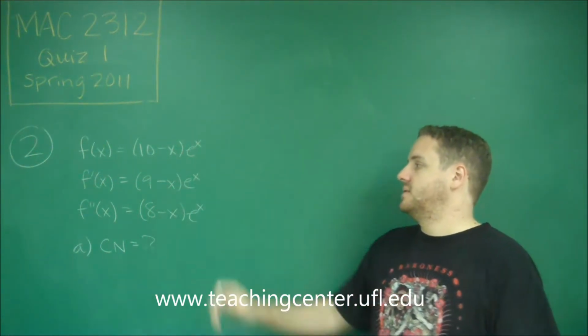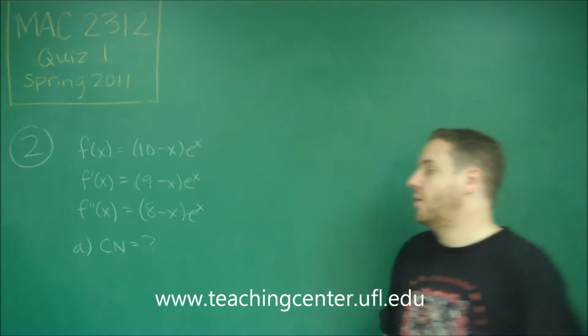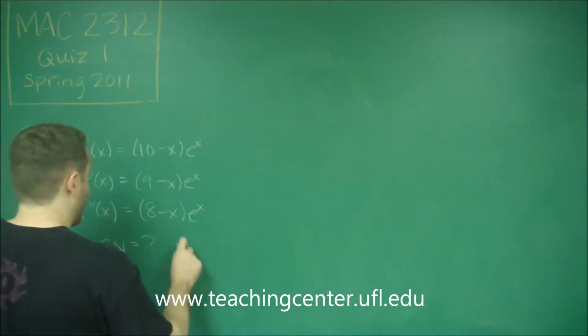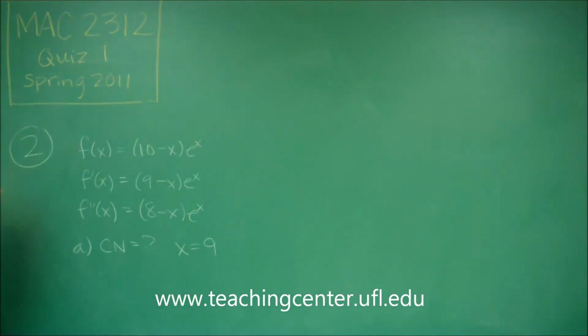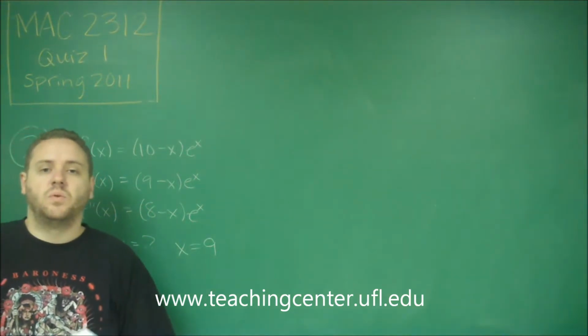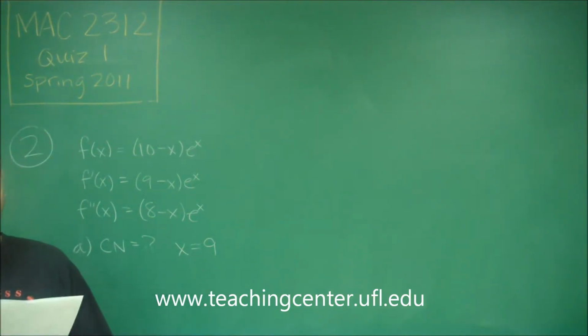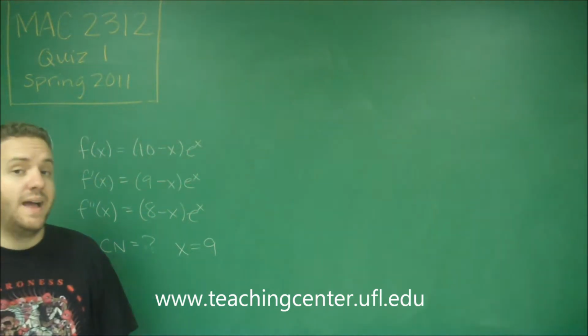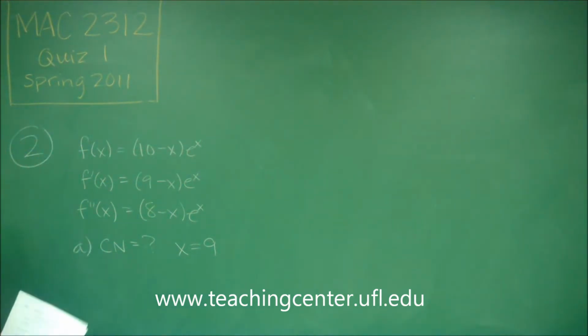It's impossible to make this derivative undefined, so we would have x equals 9 as a critical number. Critical numbers are where your local maxima or minima could be. So 9 is either a maximum or a minimum, and then the other we're just not going to have any. So let's see what happens there.